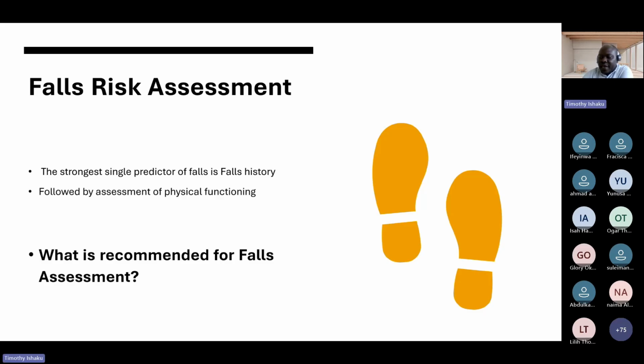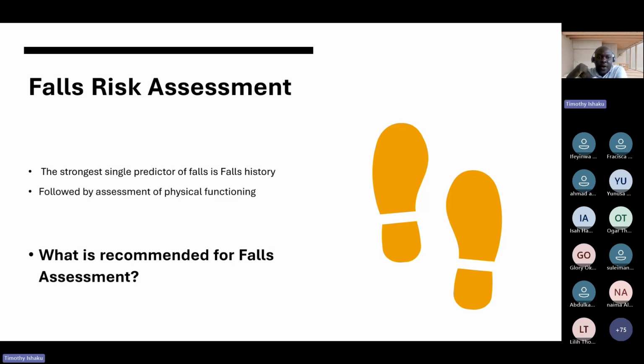What I want to raise awareness of is that everything you've said is true, but the recommendation we talked about is multifactorial assessment. Everything, yes, make use of it.